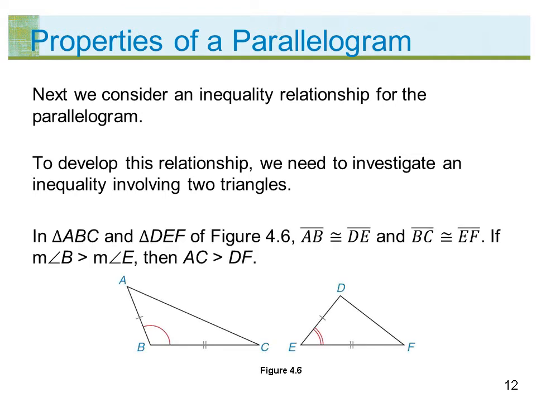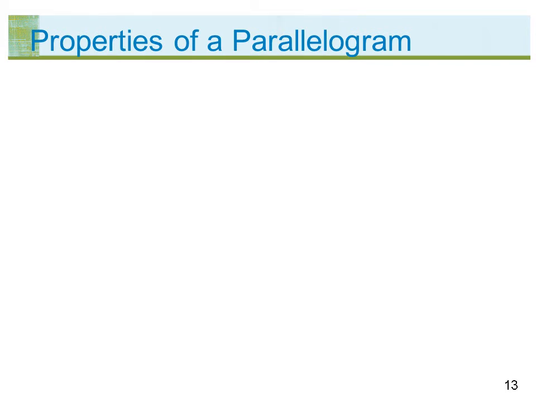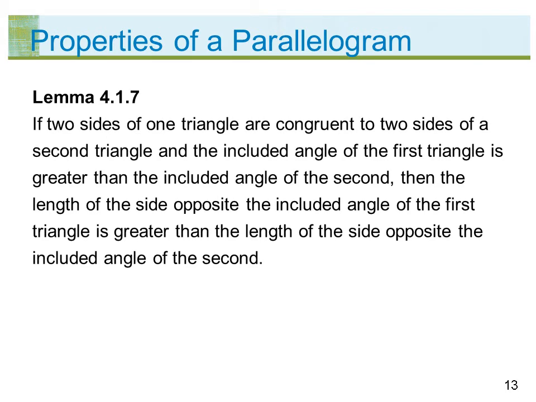In triangle ABC and triangle DEF of Figure 4.6, segment AB is congruent to segment DE, and segment BC is congruent to segment EF. If the measure of angle B is greater than the measure of angle E, then the length of AC is greater than the length DF. Lemma 4.1.7.